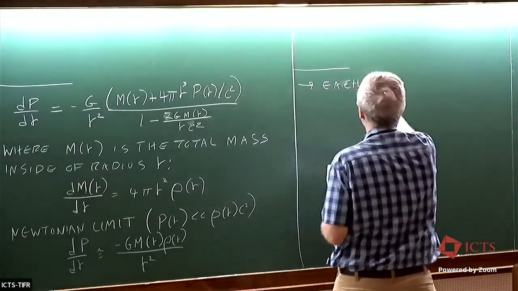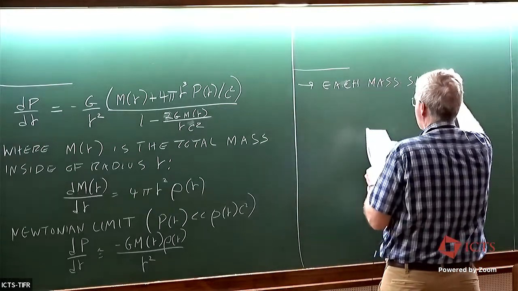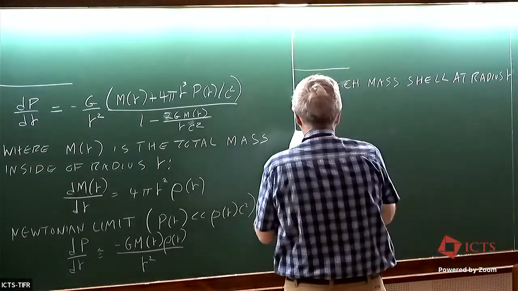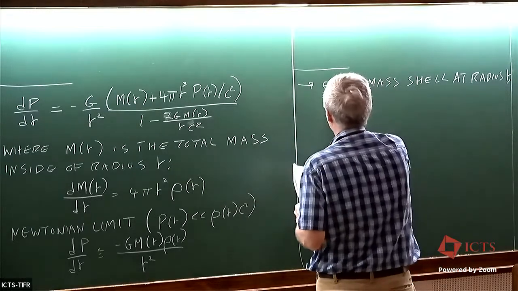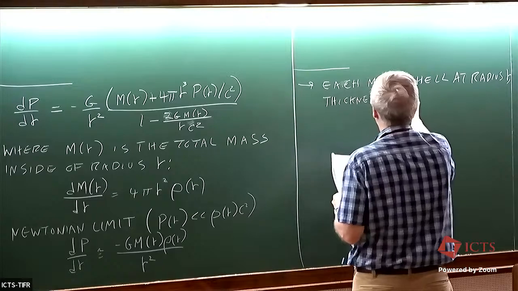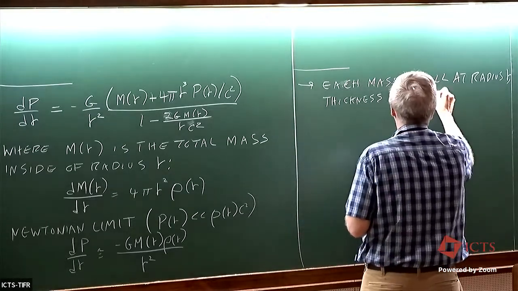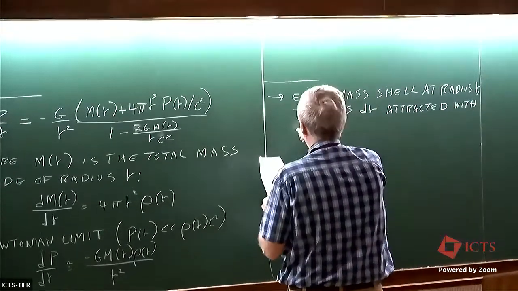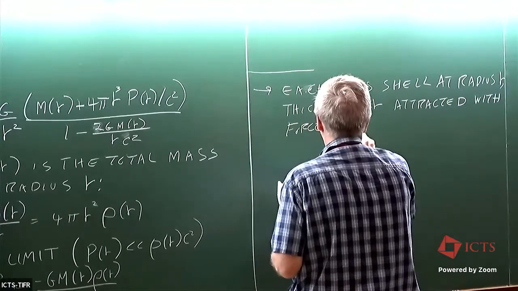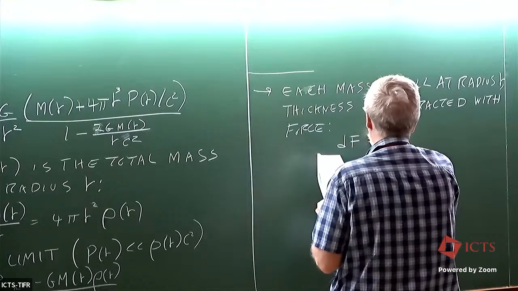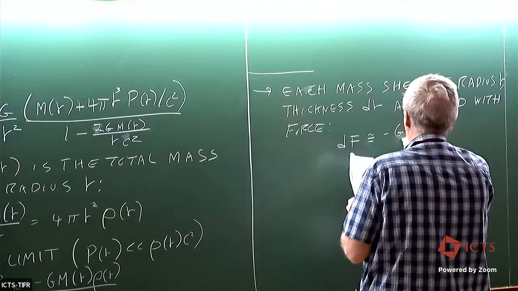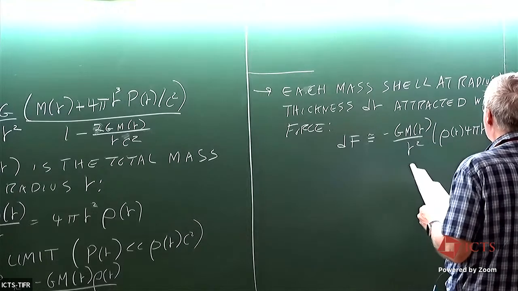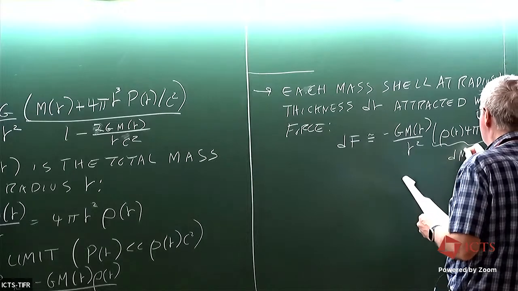And so in that Newtonian picture, which I like to keep in mind as a sanity check, each mass shell that we add to the star at a given radius r, and let's imagine that this shell has a thickness dr, is then attracted with a Newtonian force, what is called dF in magnitude, that's approximately minus G M of r over r squared times rho of r 4 pi r squared dr. And of course, this is dm of r.